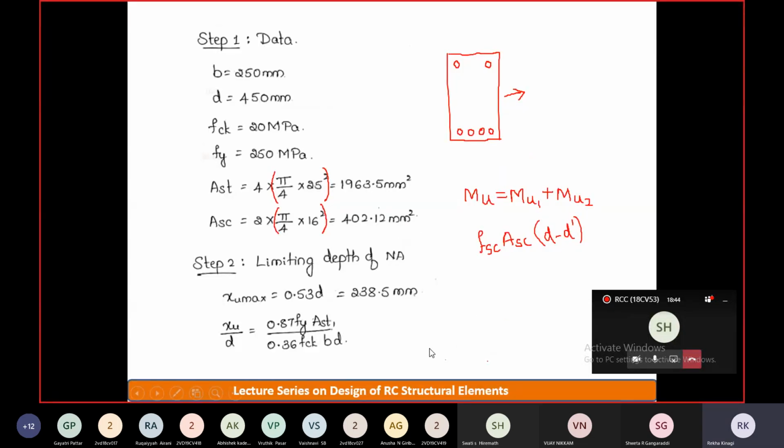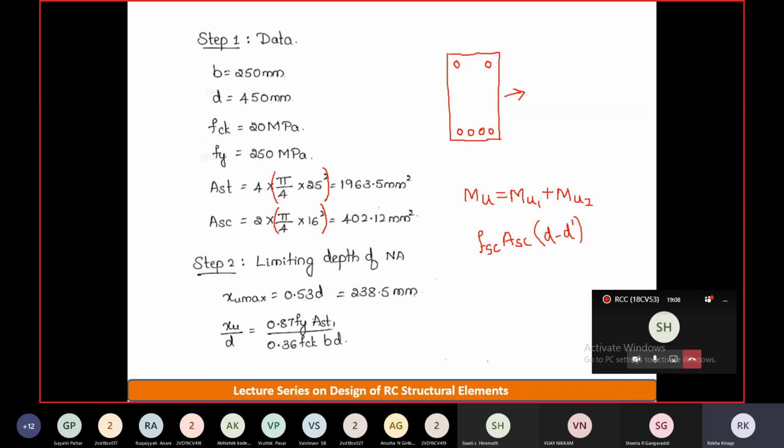Now, with this background, let's start to calculate Mu1 and Mu2. In order to calculate Mu1, as I told, we need to check whether the section is balanced, under reinforced or over reinforced. For that, let me calculate XU max first. Here, the steel reinforcement is Fe250.